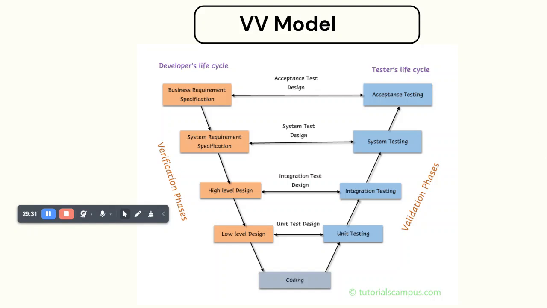If it gives you an error, then it works fine. If it does not give an error and moves into the register page, it's a bug from the tester's point of view. So it is defined by the testers only.